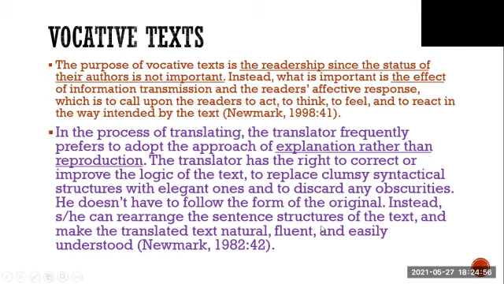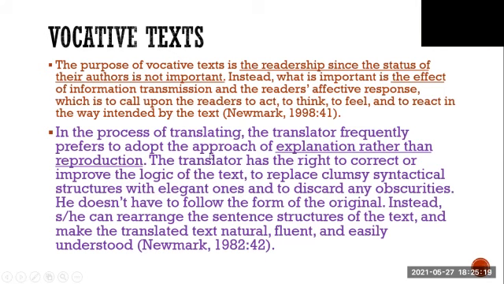Instead, he or she can rearrange the sentence structures of the text and make the translated text natural, fluent, and easily understood. And again, this is the point of view of Peter Newmark. Well, I think you can understand this.